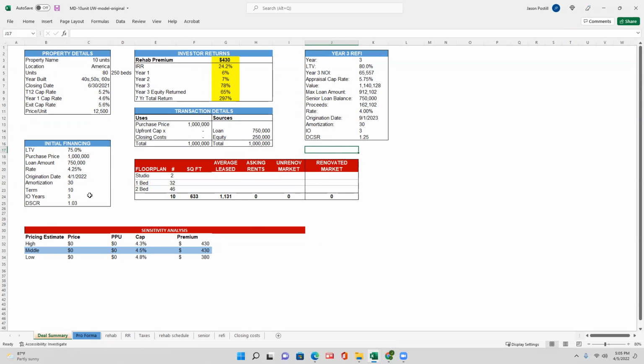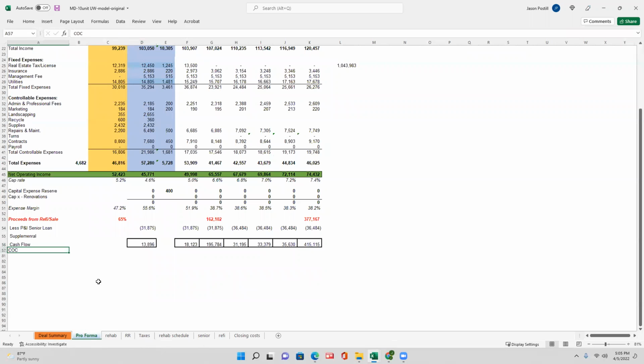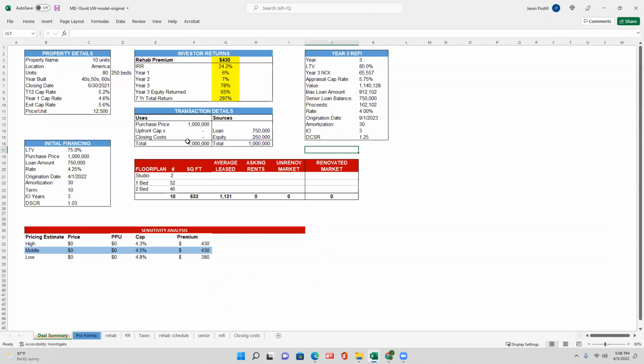If you want to do a cash on cash return, you go here with what was your initial equity? It was 250, unless you put in more CapEx or anything, but this is just a good example. This is your down payment, your equity, plus closing costs, let's say 35,000. 3.5 to 5% on the purchase price. We're looking at 35,000, let's just call it.